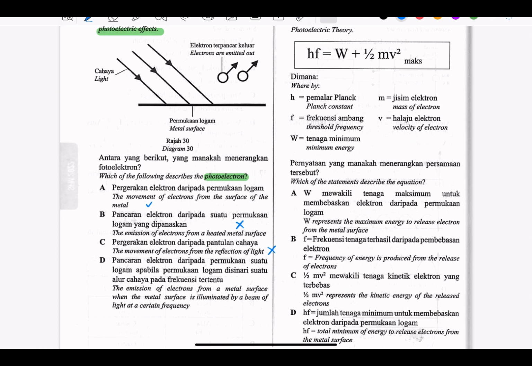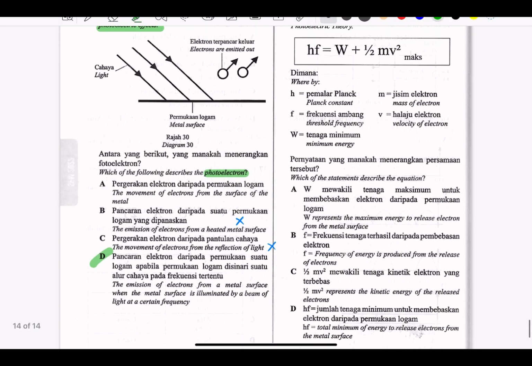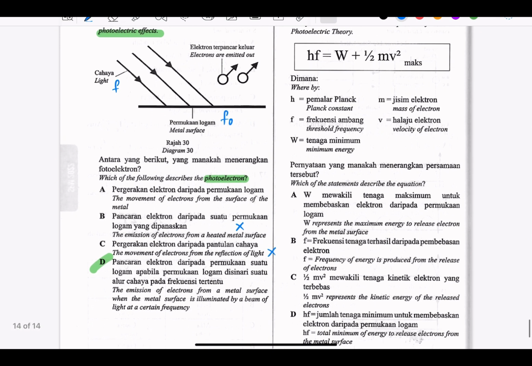No. The emission of electrons from a matter surface when the matter surface is illuminated by a beam of light at a certain frequency. Yeah, that is the accurate definition. So the frequency of the light must be greater than the threshold frequency of the matter. It must reach a certain frequency.